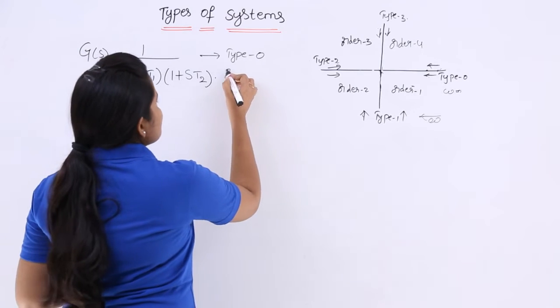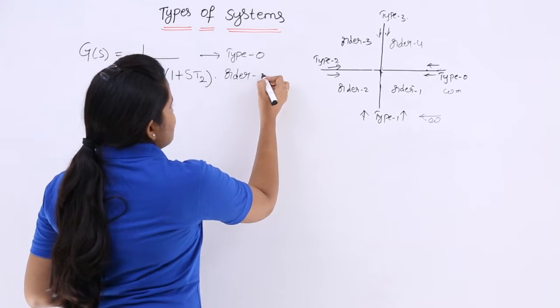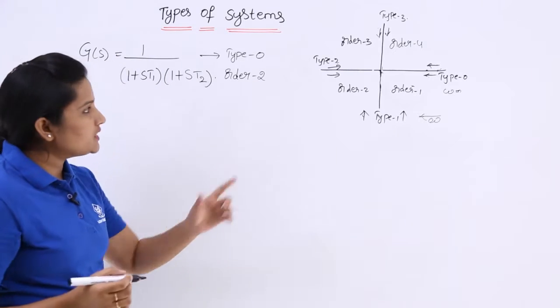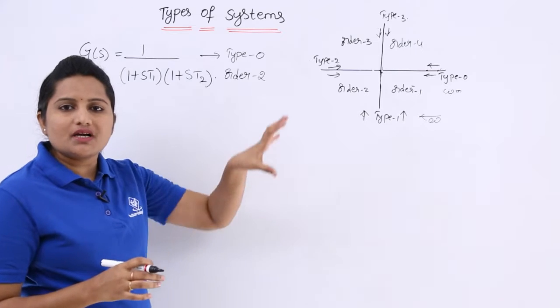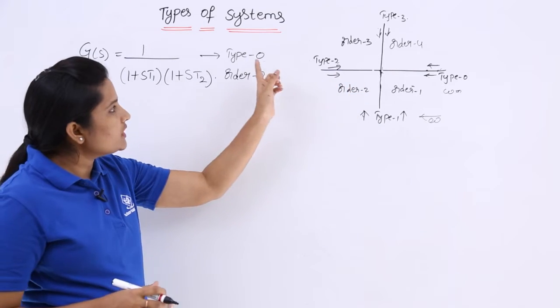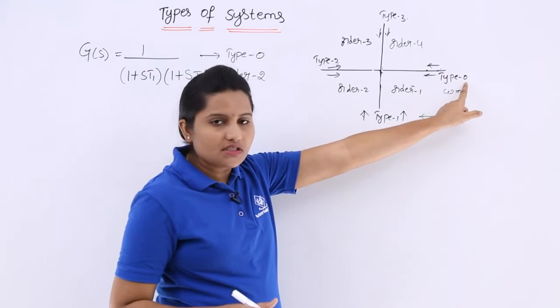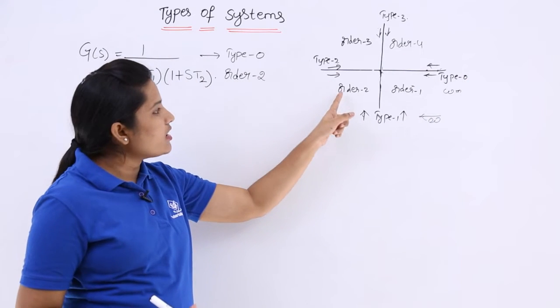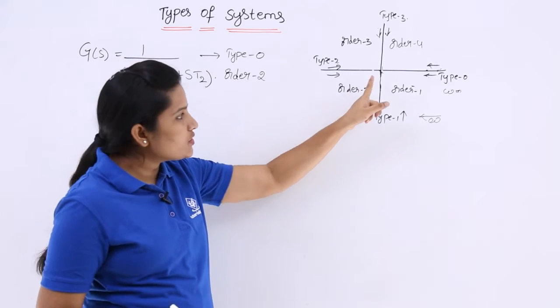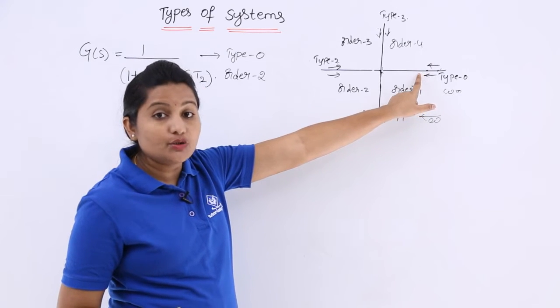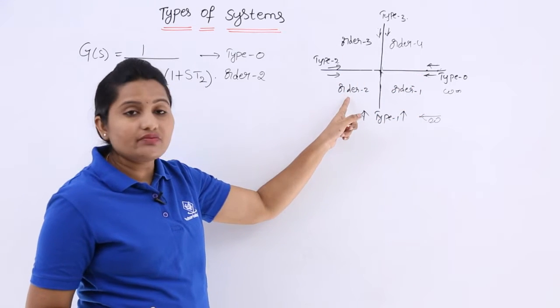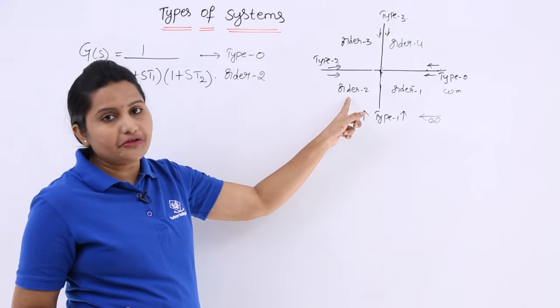These two will decide which coordinates your polar plot is going to cover. This is a type 0 system and its order is 2. The type of the system represents where your plot needs to start, and the order of the system indicates where your plot needs to end.